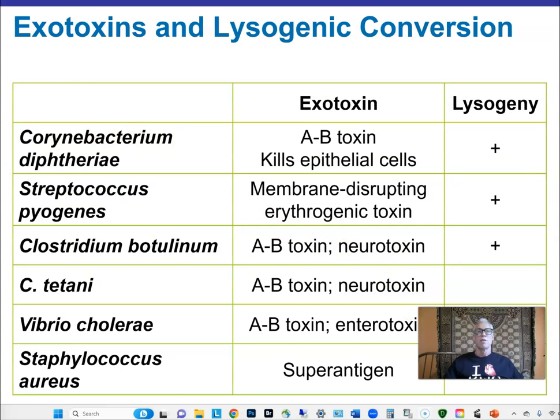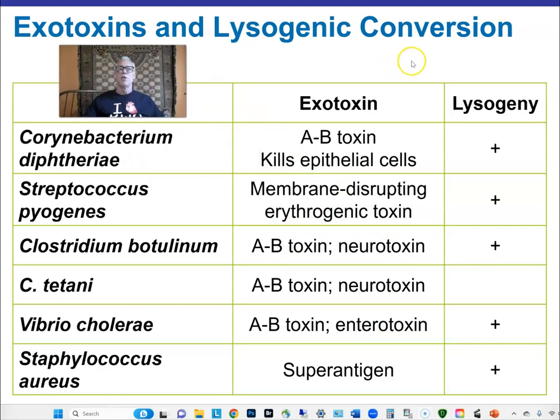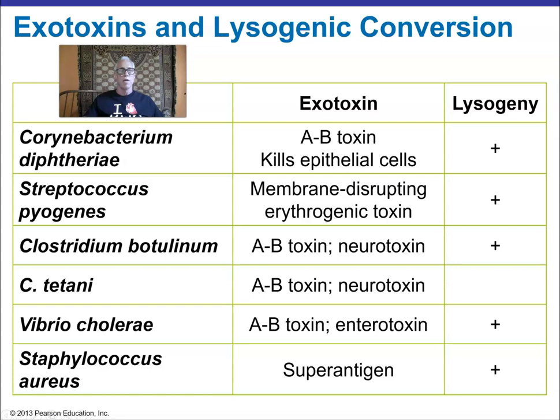A lot of exotoxins are produced by lysogenic conversion. We talked about the ability of some phage genomes to integrate into the bacterial chromosome, and then when they come back out again, when the lytic cycle restarts, they may take with them some genes, and a lot of the genes that they take with them are exotoxin-producing genes, so they can convert a harmless bacterium into a pathogen by introducing an exotoxin capability into those bacterial cells.